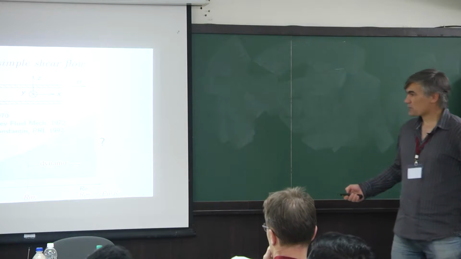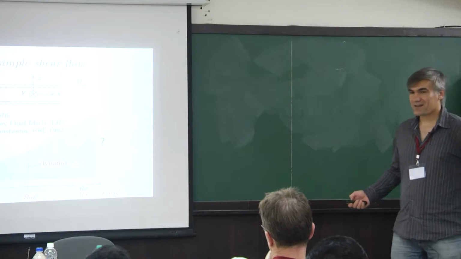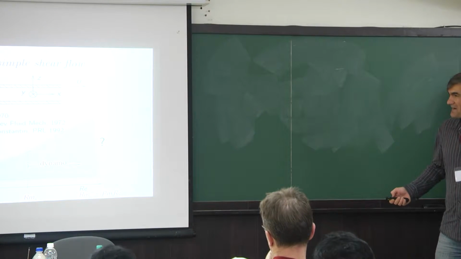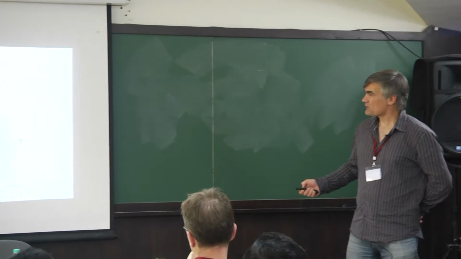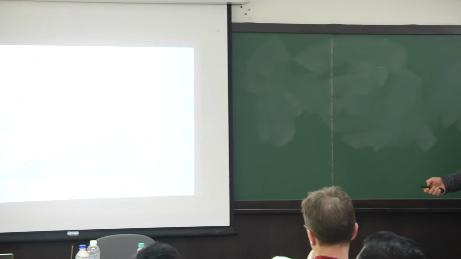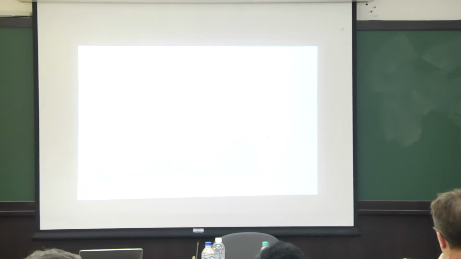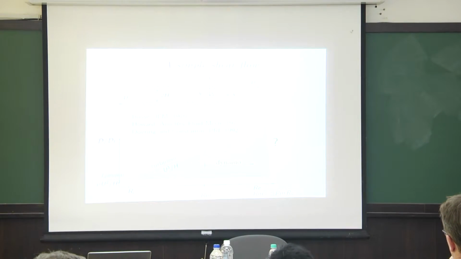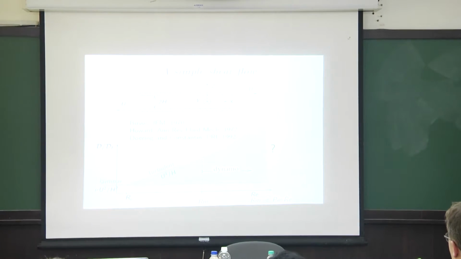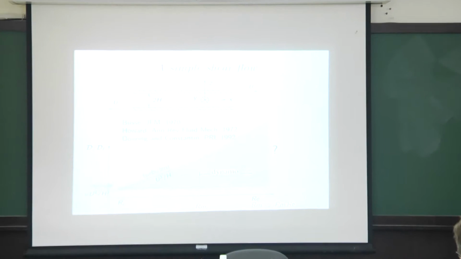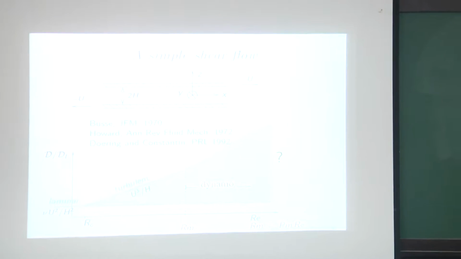Sometimes people worry: why do you always want to maximize dissipation? It's not the case, because if you take the same configuration, but instead of imposing a velocity, you impose a force, fixing a stress on top and bottom, then you will not be looking for the maximum dissipation, because the maximum dissipation will correspond to the laminar flow.